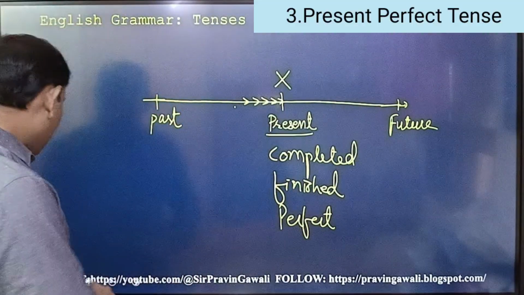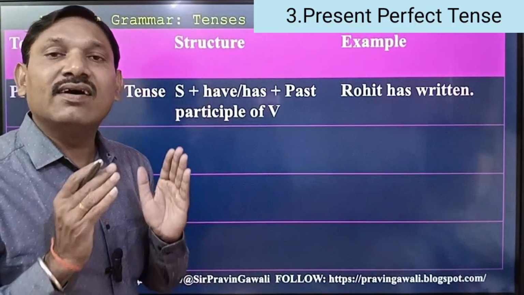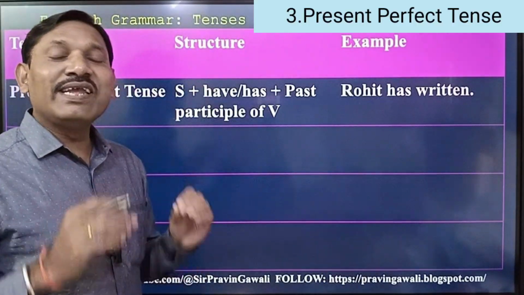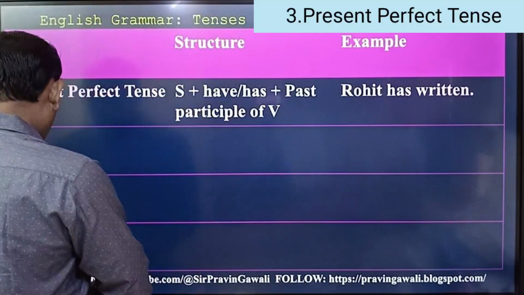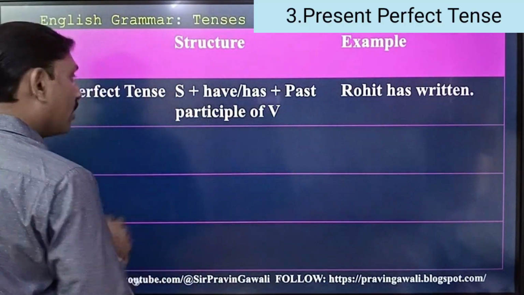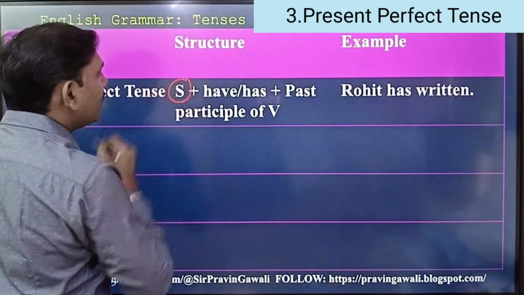Now students, let's learn further. Let's try to understand the structure in the present perfect tense. It is very important to understand the structure in present perfect tense. Now see here, in the structure, first of all, subject will be there.